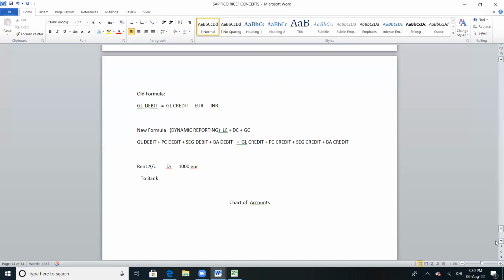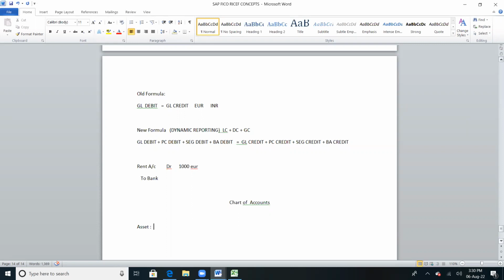Asset means, as I already told, whenever we are doing accounts, we need to consider ourselves as a business. Naveen is a different person and the business is a different person. According to which concept? Business entity concept, exactly.